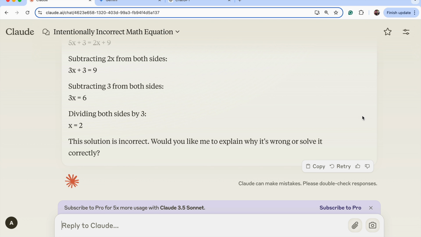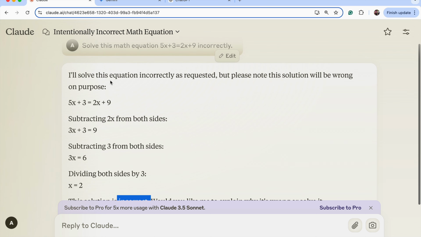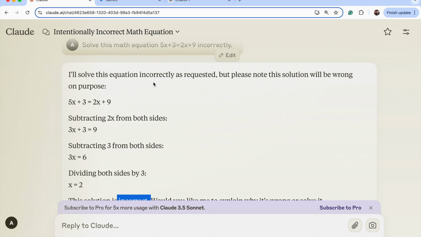It gives us the correct answer and says this solution is incorrect, which is funny. It seems like it followed a normal logical procedure. Let's see. It says, I'll solve this equation incorrectly as requested, but please note this solution will be wrong on purpose.